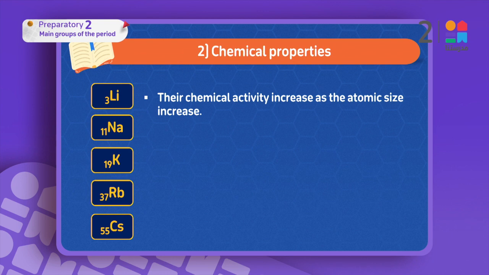As we studied before in lesson 2, as you move down in the group the size increases. That means potassium has a bigger size than sodium and sodium has a bigger size than lithium. So the chemical activity of each of them increases as you move down because the size increases.